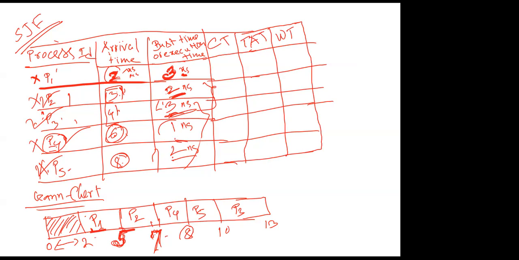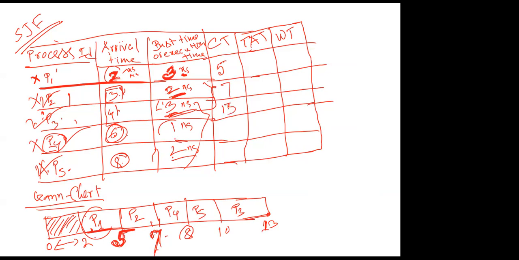For process P1, you can see it completes its execution at time unit 5. Next, process P2 completes at time unit 7. And process P3 completes its execution at time unit 13.